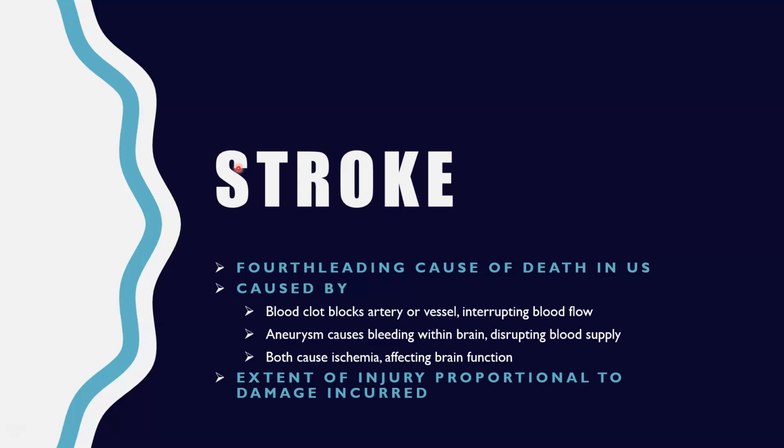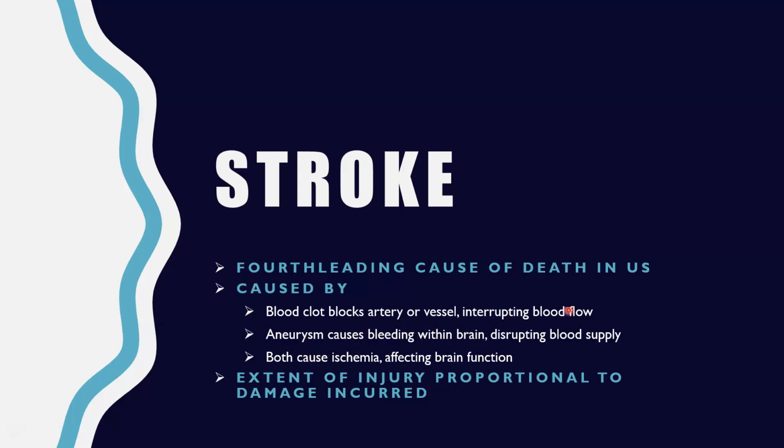Next condition is stroke. This is the third or fourth leading cause of death depending on the year. And strokes are caused by some sort of blood clot that blocks the artery or vessel or anything that really interrupts blood flow. So you have blood clots or aneurysms that create an ischemic condition, right, which affects the brain function.